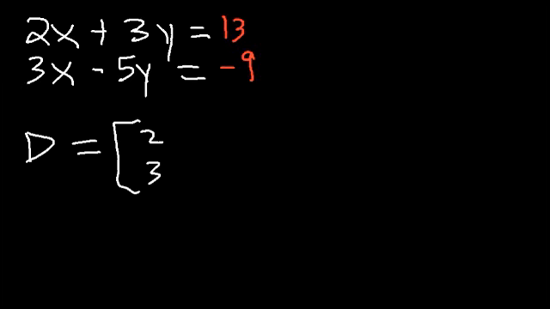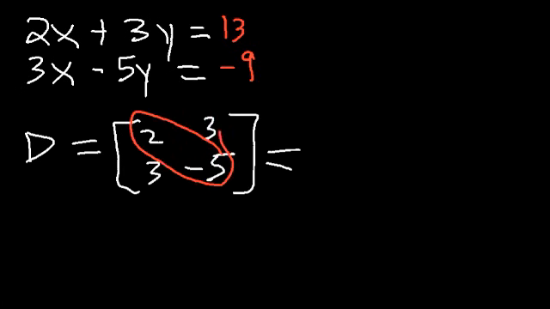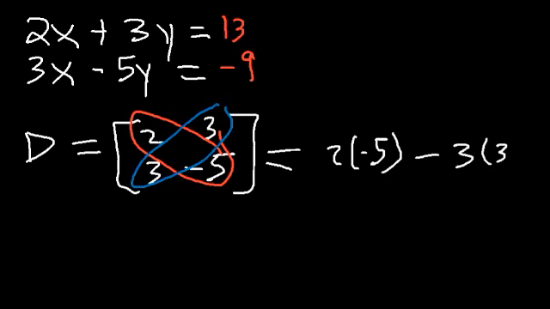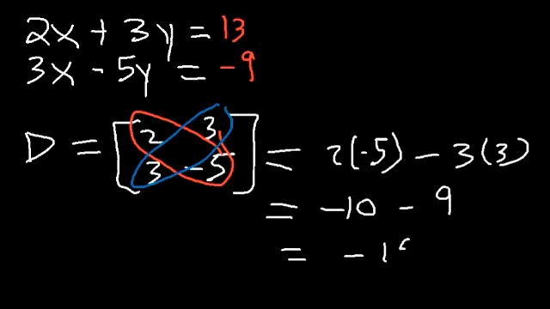It's 2, 3, 3, negative 5. The determinant is 2 times negative 5 minus 3 times 3. 2 times negative 5 is negative 10, 3 times 3 is 9, negative 10 minus 9 is negative 19. So d is equal to negative 19.